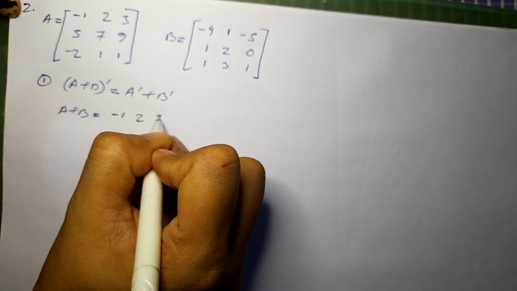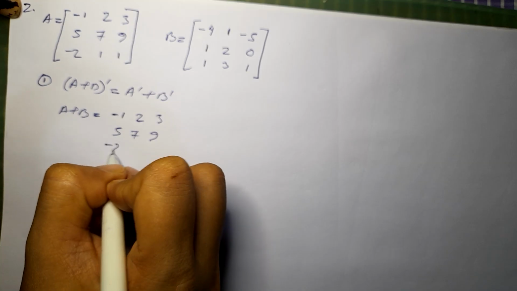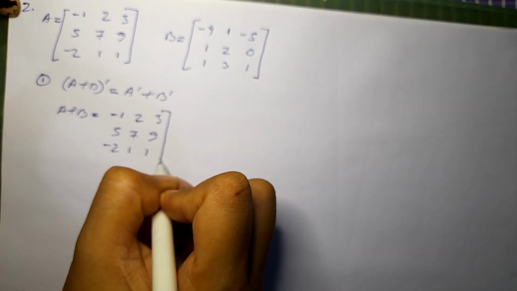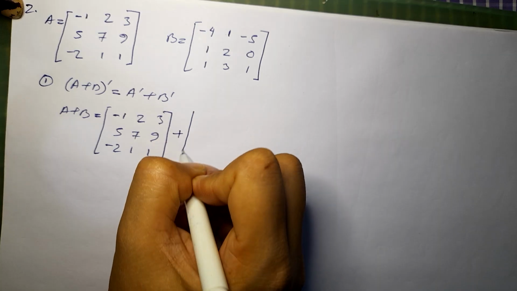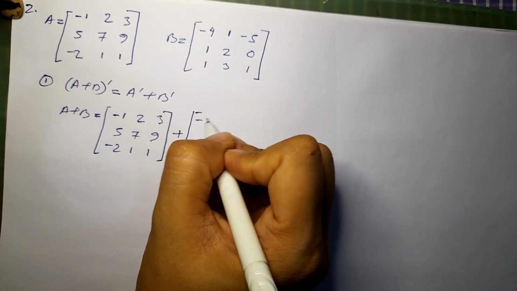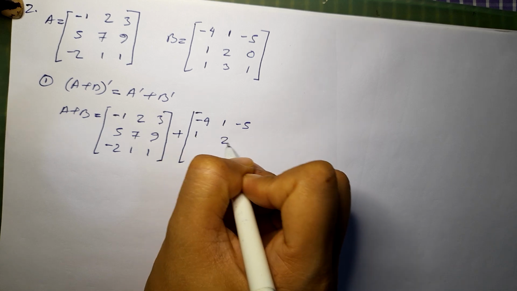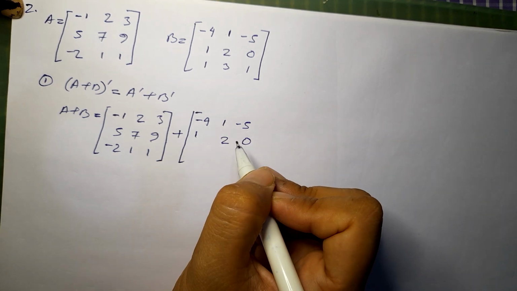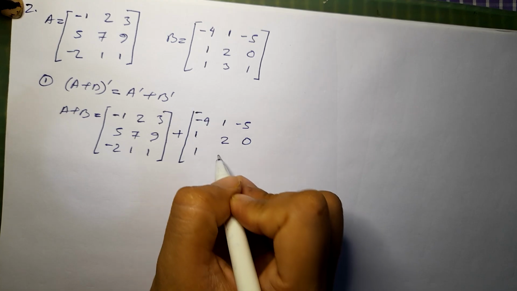A is [-1 2 3; 5 7 9; -2 1 1]. This will be added with the B matrix: [-4 1 -5; 1 2 0; 1 3 1].